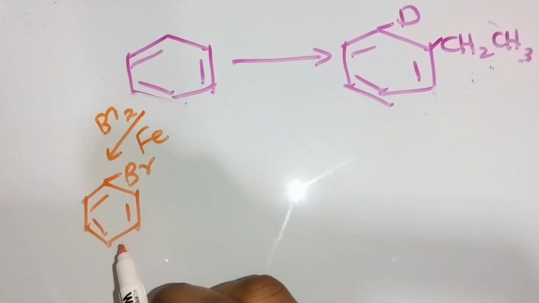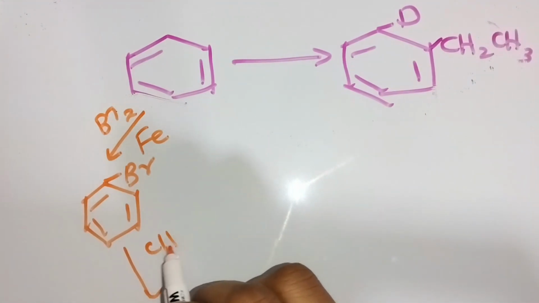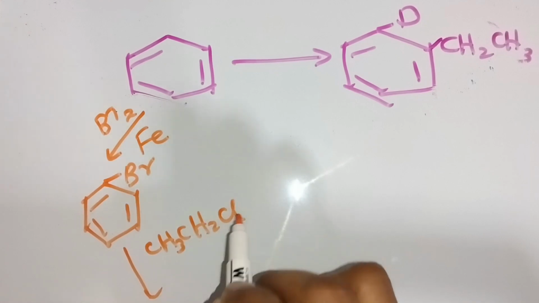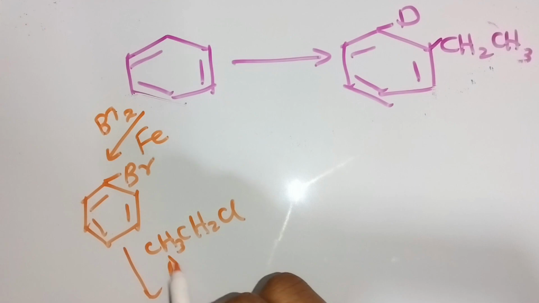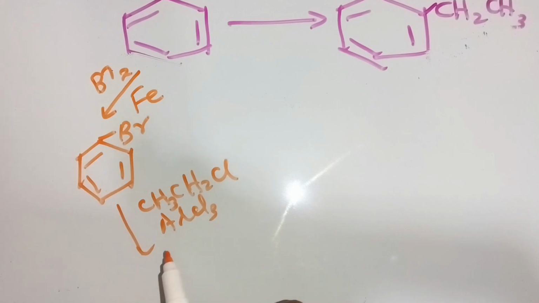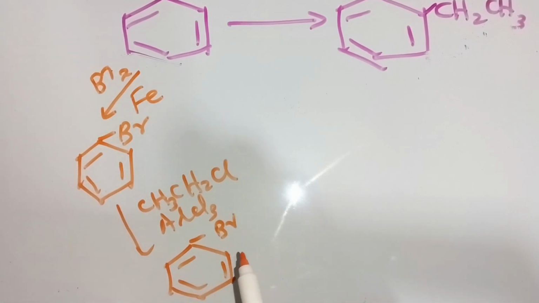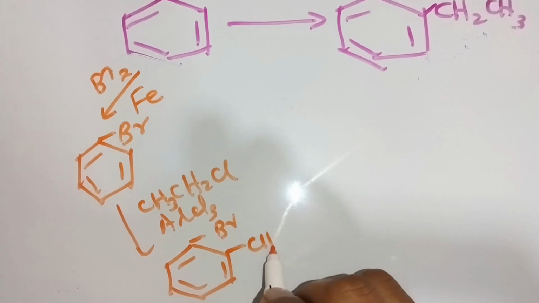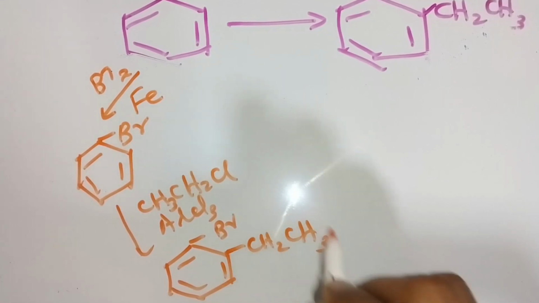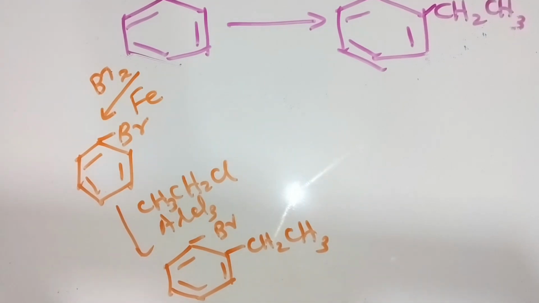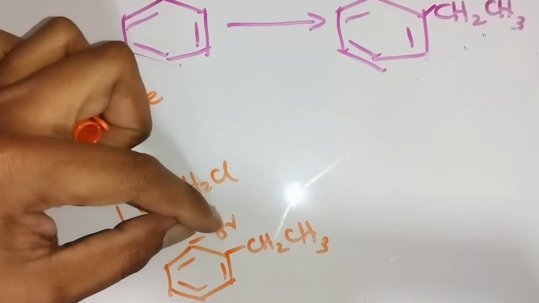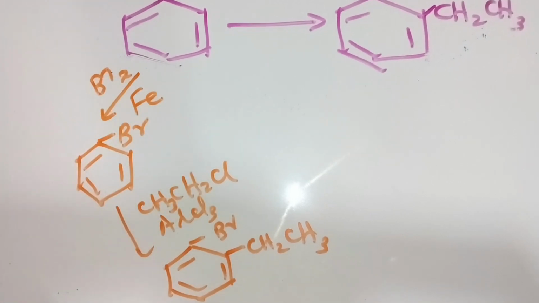So I have to use CH3CH2Cl with anhydrous aluminium chloride, and this reaction will provide this organic compound with this ethyl group. In my third reaction I have to convert this bromine into a Grignard reagent.